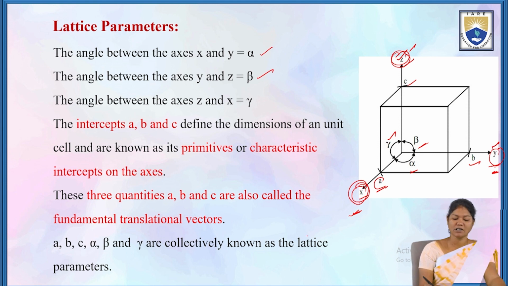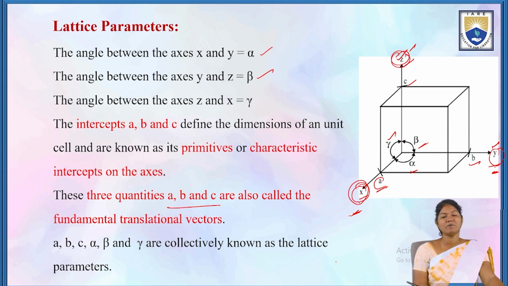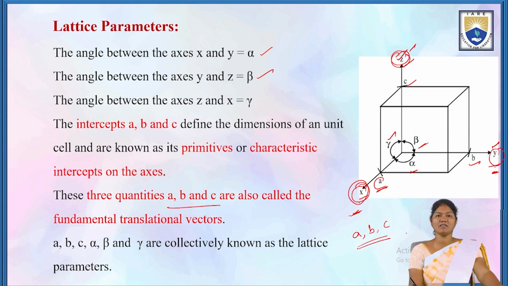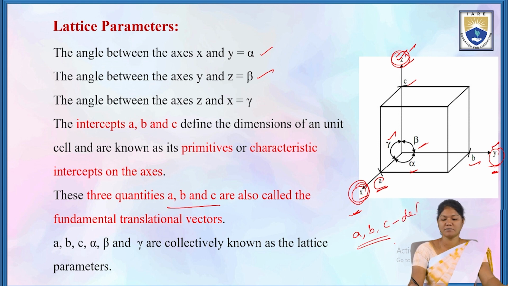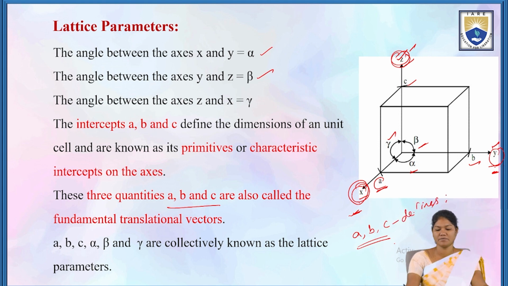These three quantities A, B, C are also called the fundamental translational vectors. These three, A, B, C, give the lengths on the axes of a unit cell, so A, B, C define the dimensions of a unit cell.